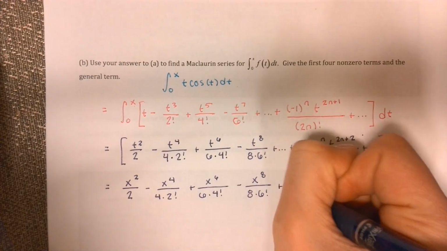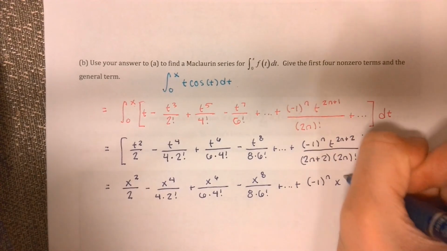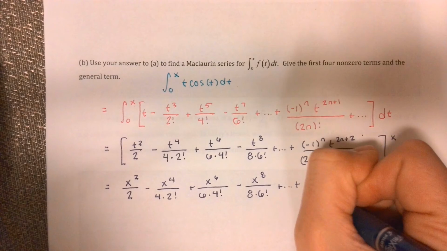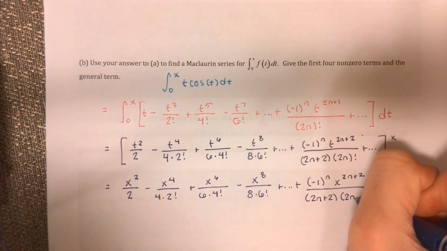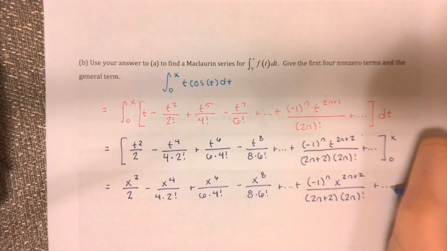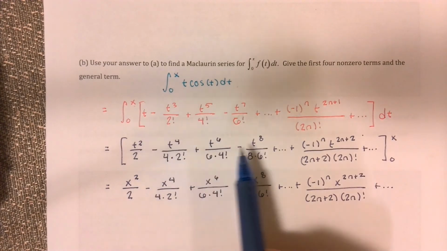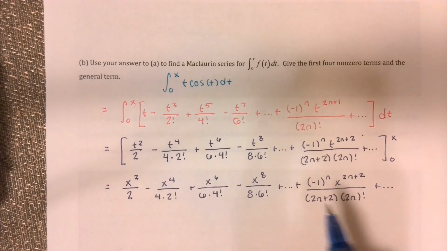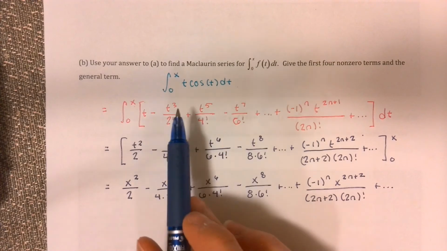My general term: negative 1 to the n, x to the 2n plus 2 over 2n plus 2 times 2n factorial. And I didn't write anything else because when I subbed in 0 for each of these t's, I got 0. So that's it. That's our power series that is representative of this integral.